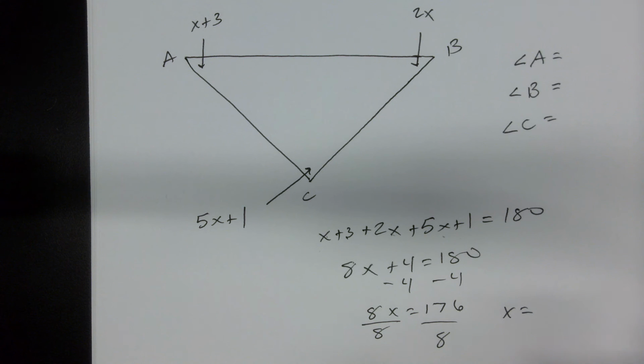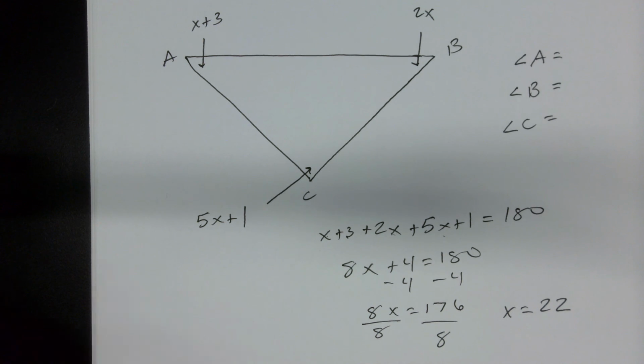22. You don't know. Alright, x equals 22. Perfect. Any questions on how we got x? Okay, but how do I get each angle? What am I going to do?